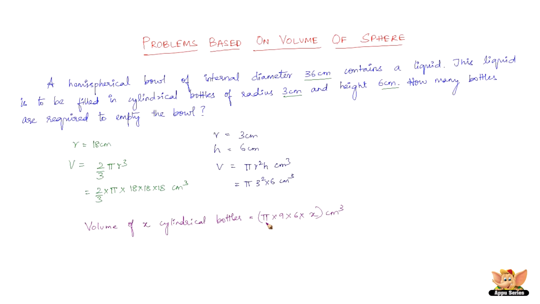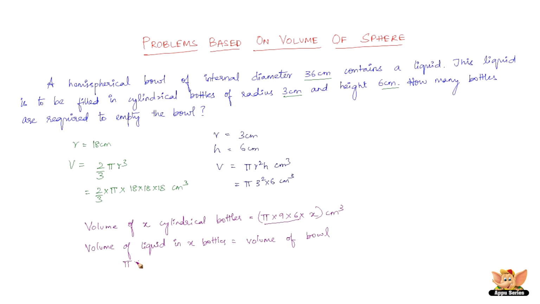Because one bottle's volume is pi into 9 into 6, so x bottles will be pi into 9 into 6 into x centimeter cube. So clearly, the volume of liquid in x bottles is equal to the volume of this hemispherical bowl. So let us equate and find the value of x.